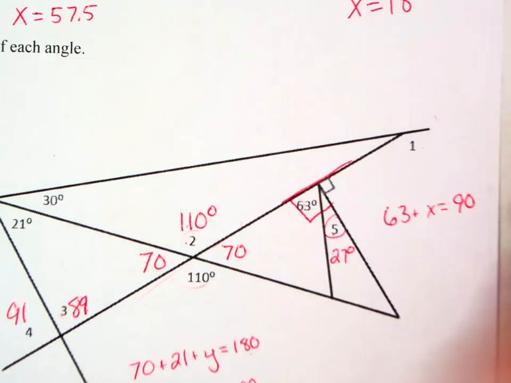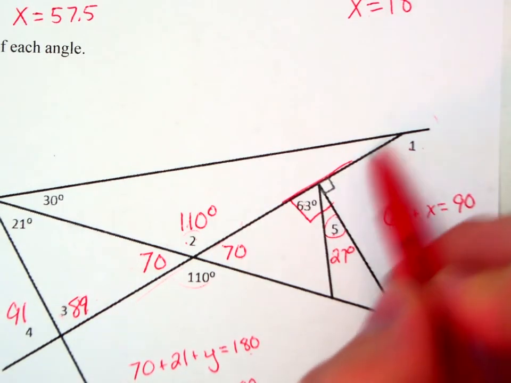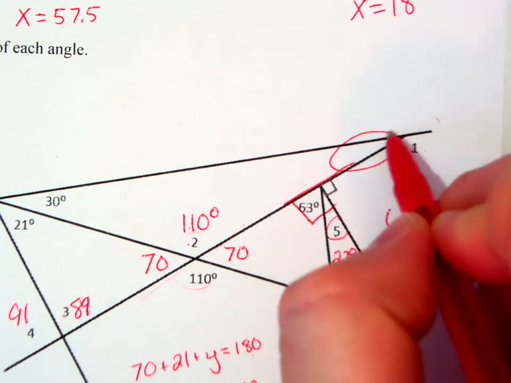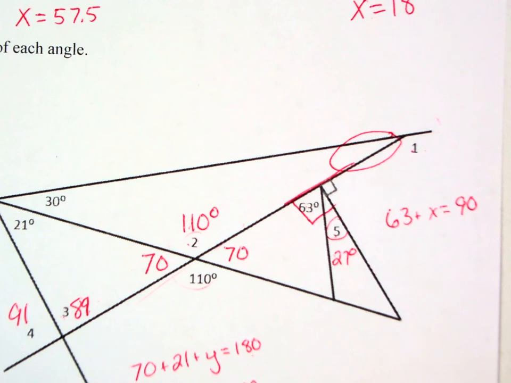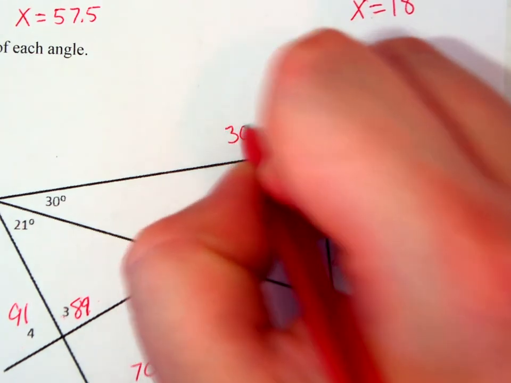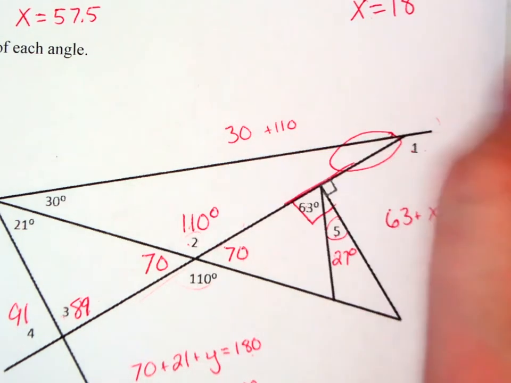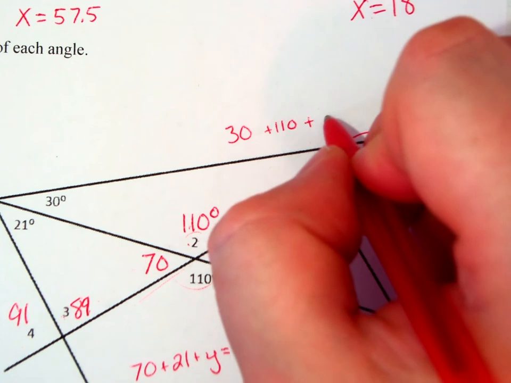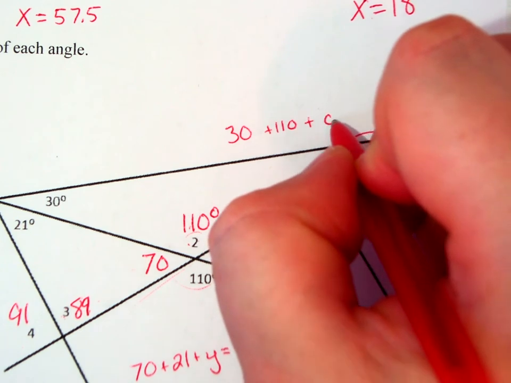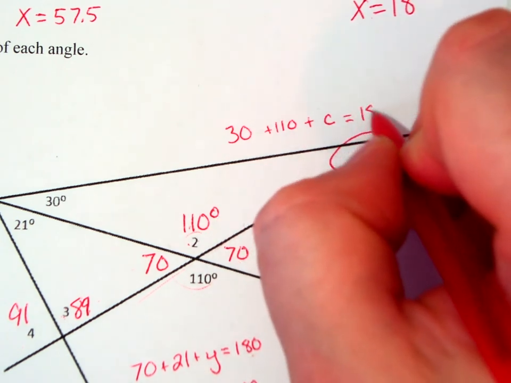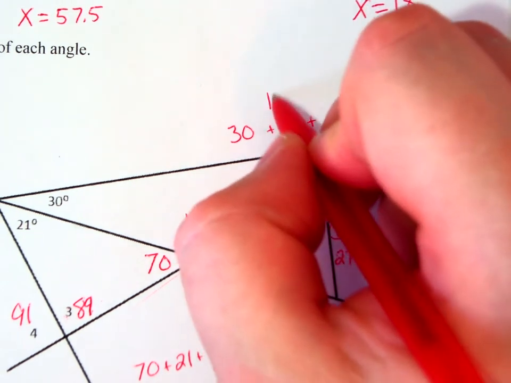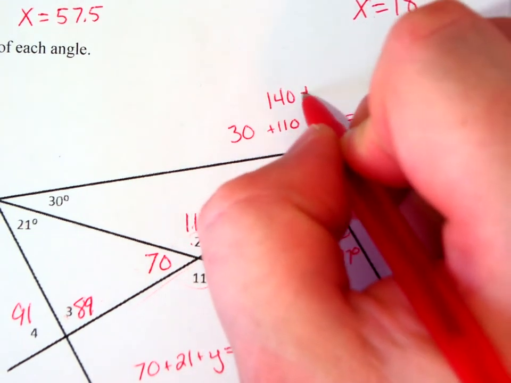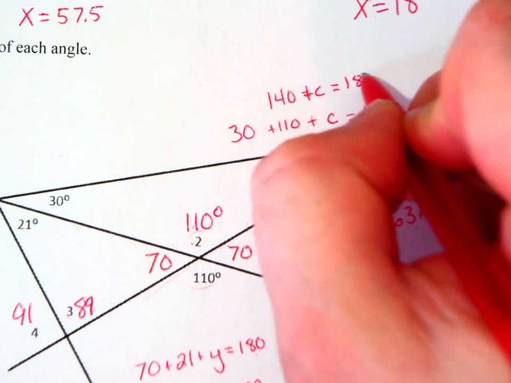Still need that 1. In order to find the measure of angle 1 up here, I need to know this missing angle in the triangle. I know the other two, so my triangle sum theorem would tell me that 30 plus 110 plus some unknown value, call it c, is going to equal 180. 30 and 110 is 140, plus c equals 180.